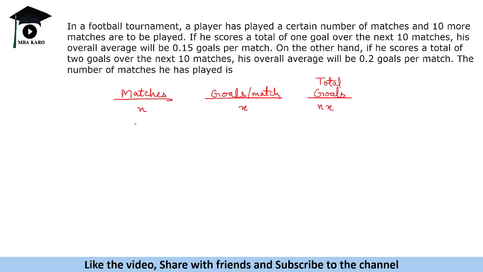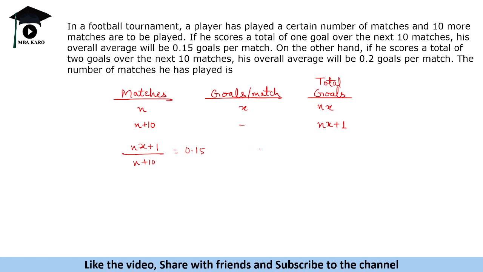Now he will be playing 10 more matches, and if he scores one more goal, his total goals will be nx plus 1. So what will be his goals per match? nx plus 1 upon n plus 10, which is equal to 0.15, that is given to us, right?